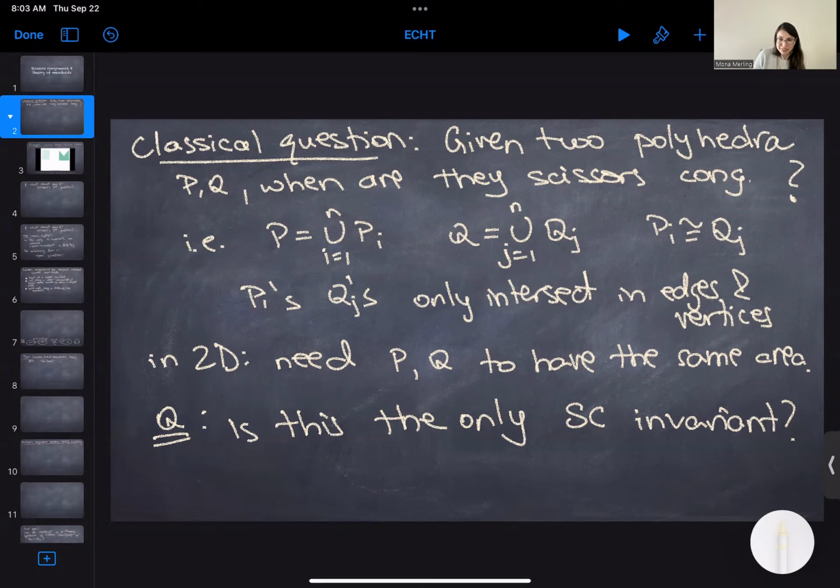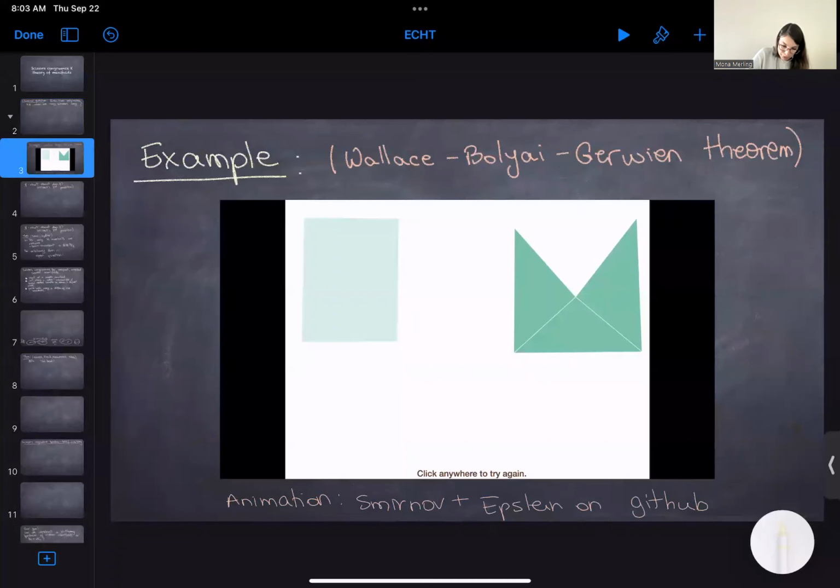If you had scissors and a bunch of polygons, there is an algorithm to always cut a polygon into pieces and reassemble it into the other one, as long as they have the same area. And so this is a very old classical theorem. Let me just illustrate it for you.